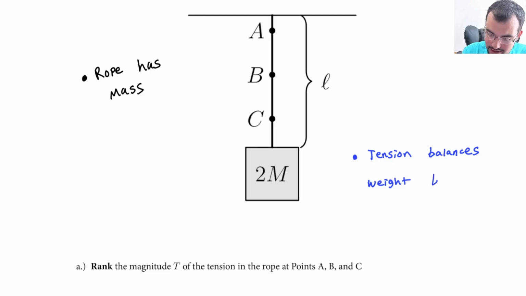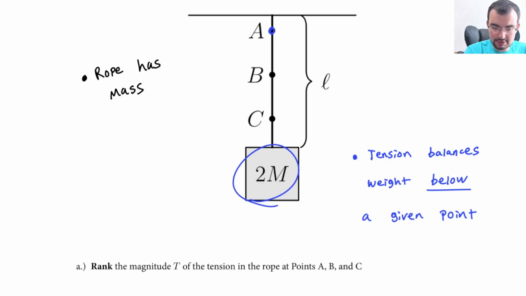Tension balances the weight below a given point. So if the rope was massless, the tension would be the same, because the rope at A has to support the 2M, the rope at B has to support the 2M, the rope at C has to support the 2M. And there's no extra mass coming from the rope adding to the weight.